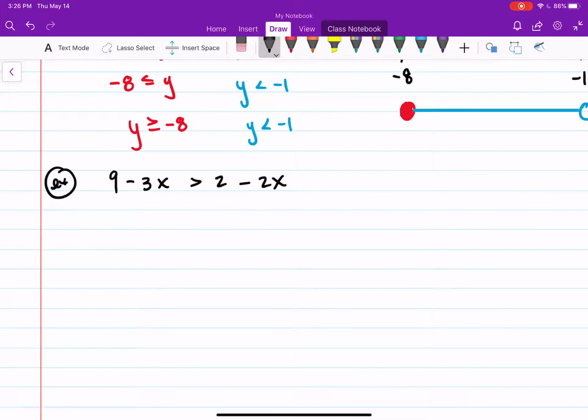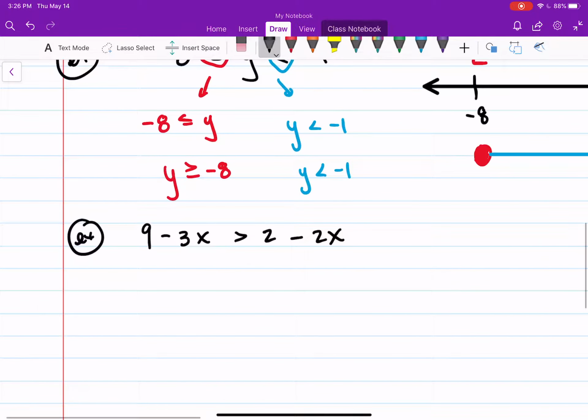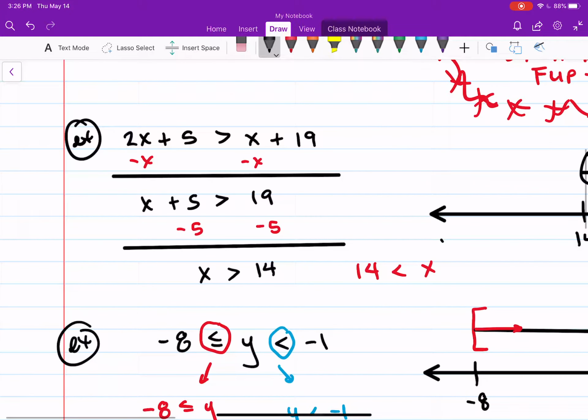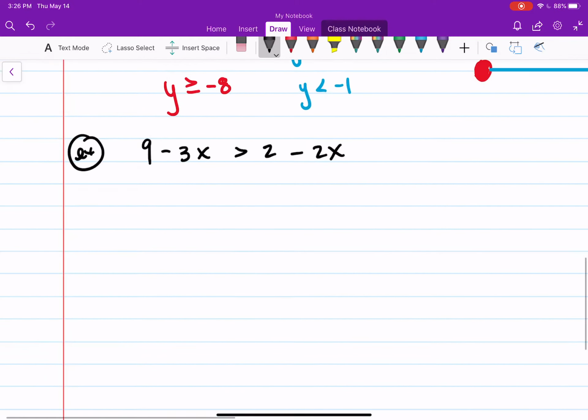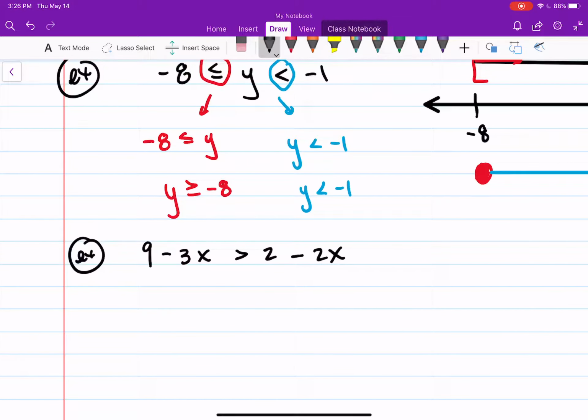What you are used to is getting the variables on the left-hand side. Great, it's fine. But again, when I was doing the first one, I told you that my whole thing is always to get the x to be positive. That's the way I like to do it. So let's say your goal is to get the x on the left-hand side, because when the x is on the left-hand side, you know which way to point the arrow.